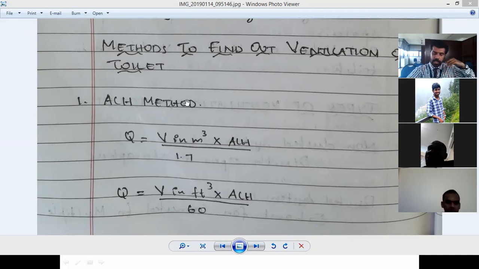Next, ASHRAE has given a direct method, which means that for a public toilet, you can directly take 70 CFM per unit. You don't need to use this formula. Directly, you just give 70 CFM for a public toilet. If it's a private toilet, you just give 50 CFM per unit. That is the recommended ventilation rate by ASHRAE. So write the second method: ventilation rate by ASHRAE.